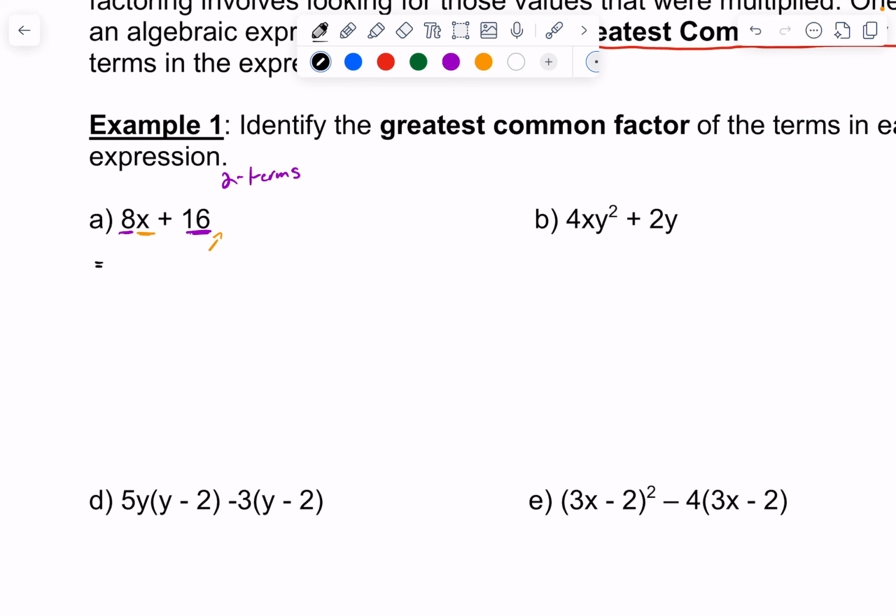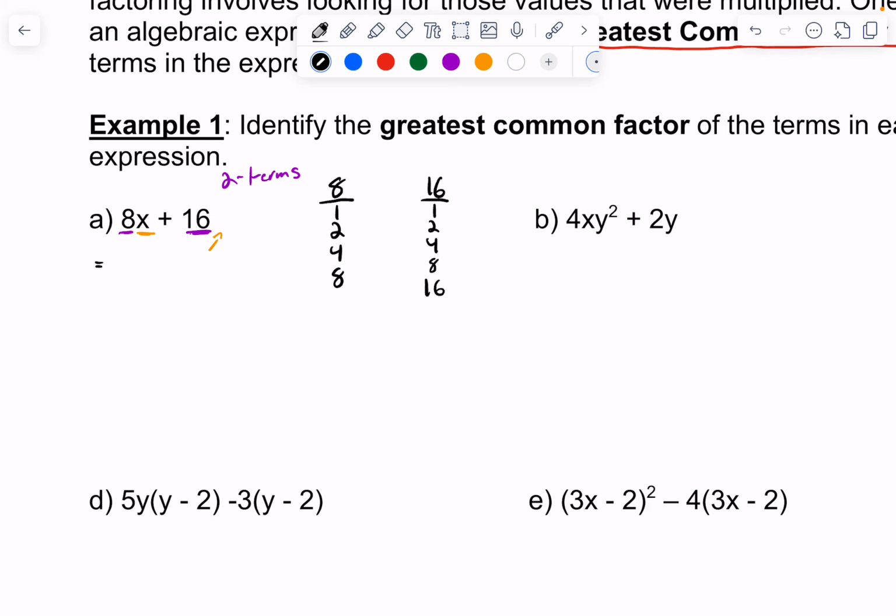When I say pulling out, it means what is my biggest multiple that I can pull out. If you think about the multiples of 8, 8's multiples are 1, 2, 4, and 8. And if you do the same thing for 16, 16's multiples are 1, 2, 4, 8, and 16.